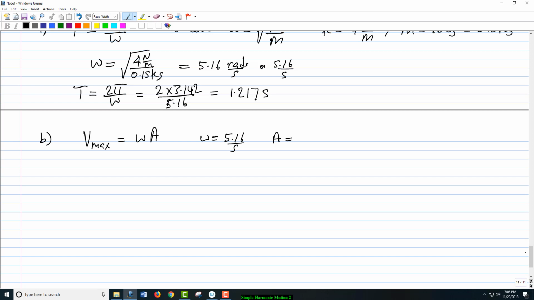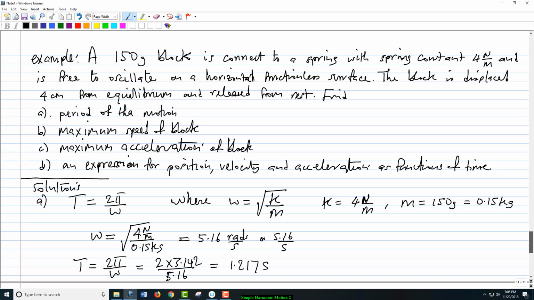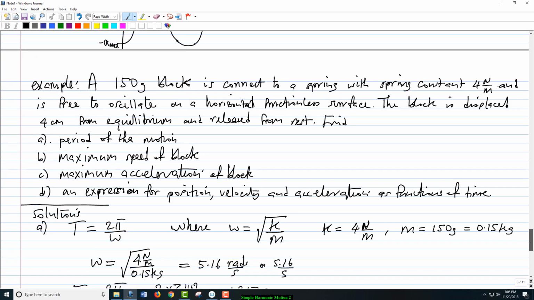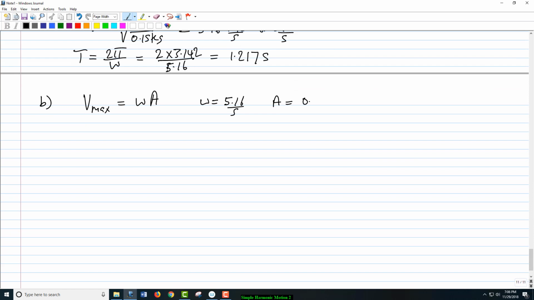The maximum displacement in this question is 4 centimeters from equilibrium, so we write 0.04 meters, and so V max can be written as 5.16 per second multiplied by 0.04 meters, and that should give us a result, so 0.206.